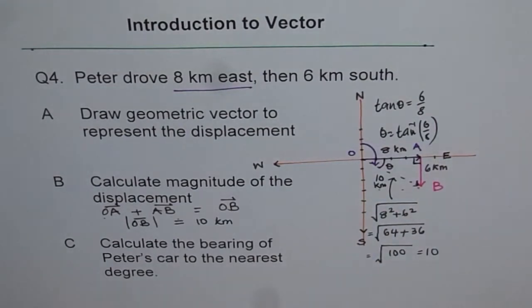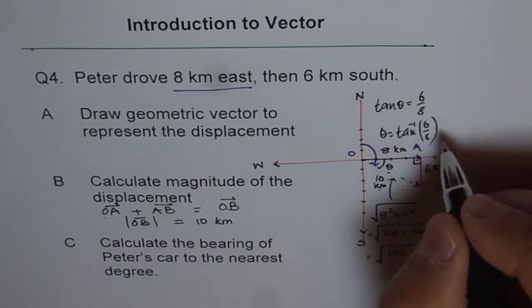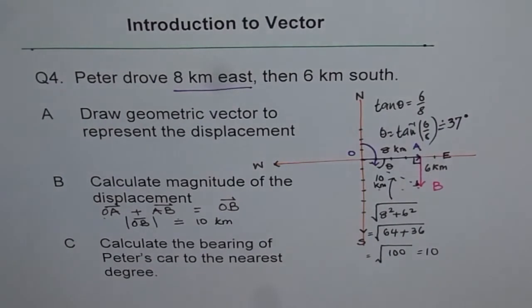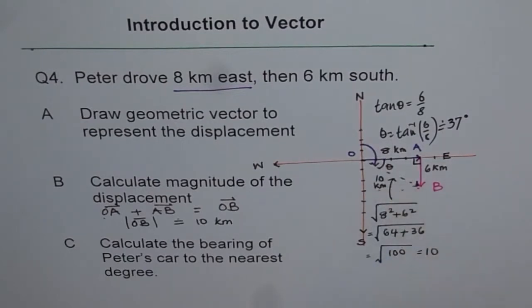And let's use calculator to calculate this. So that gives us shift tan inverse within bracket 6 divided by 8 bracket close equal to 36.869. So let's round it to 37. Okay, so it is 37 degrees. Now that is the acute angle theta. So angle of bearing is how much?